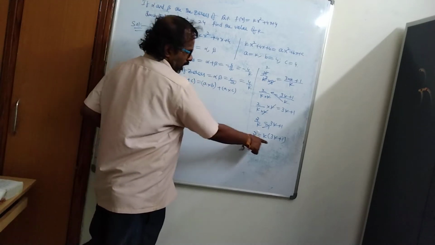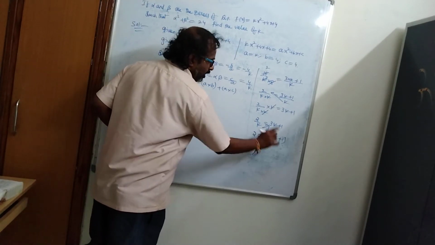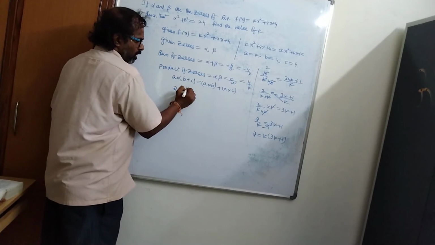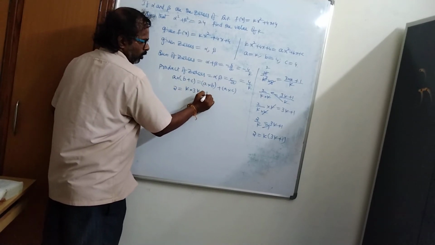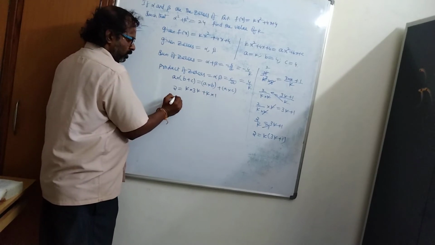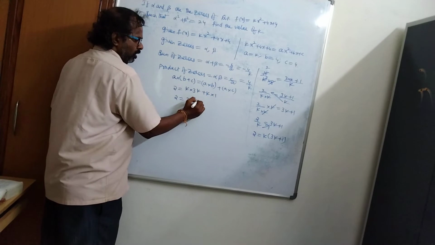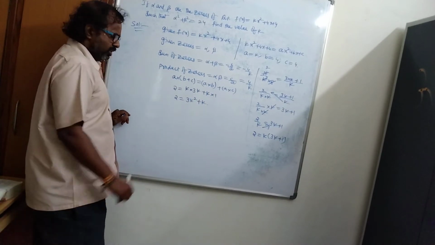So the same concept we are applying in the right hand side expression. So 2 is equals to k into 3k plus k into 1. So 2 is equals to 3k square plus k.